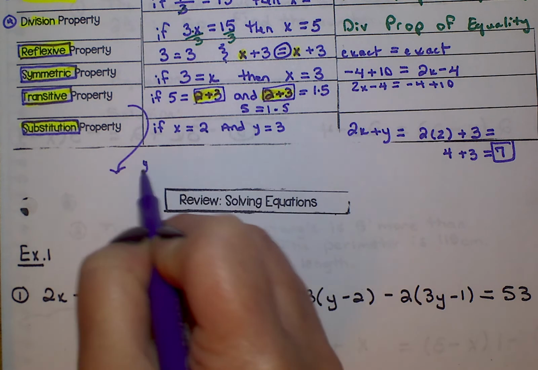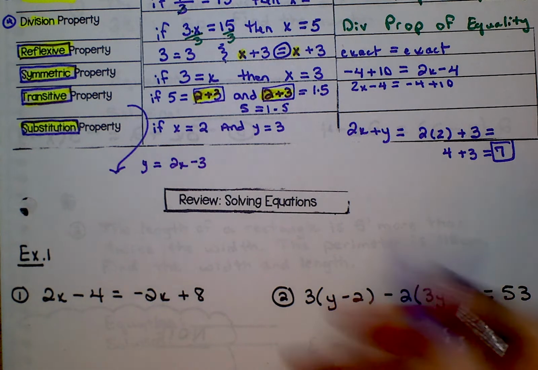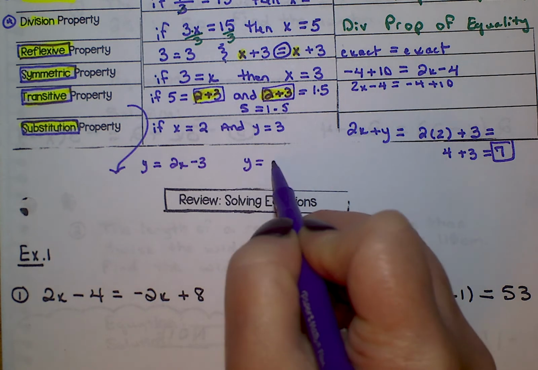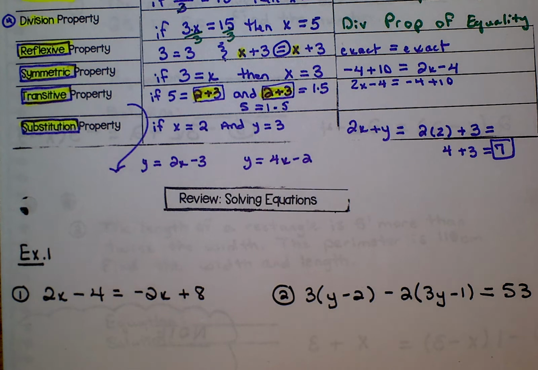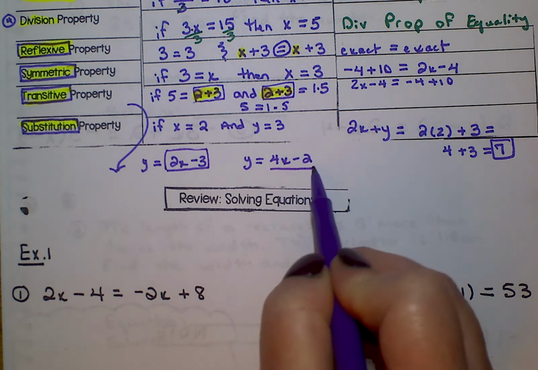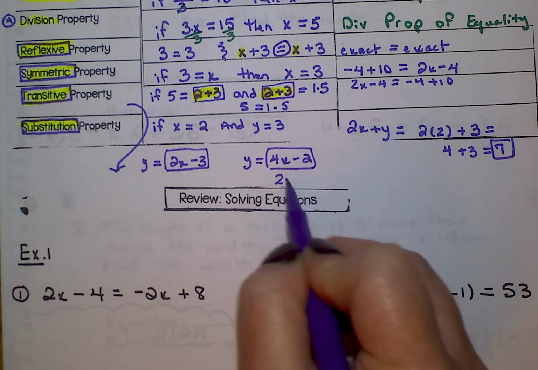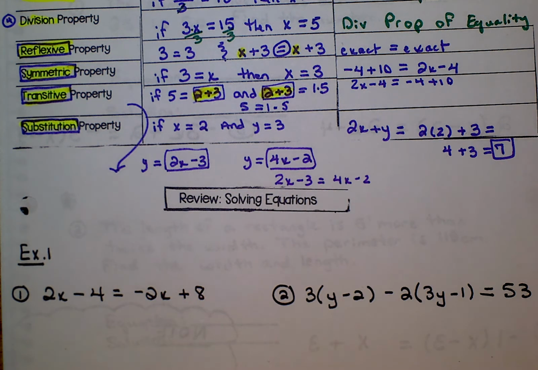Okay, let me show you an example of when you might would see that. So if you had like y equals 2x minus 3, and you had another y and it equals 4x minus 2. Okay, what you could do is you could take these two y's and set them equal to each other. And then you would be able to solve for your x.